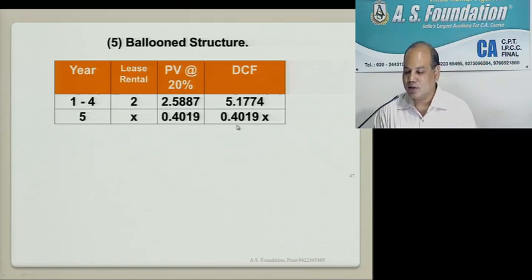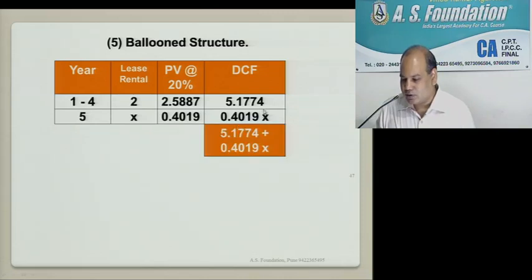Take the total of the last column. What is the total? 5.1774 plus 0.4019x. Some people have added this number to this number. You can't add these two numbers directly. These are separate numbers.